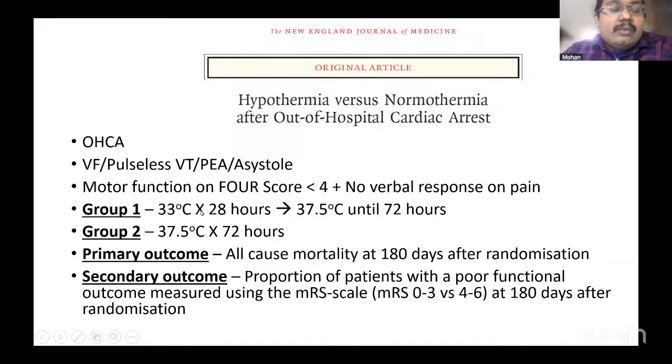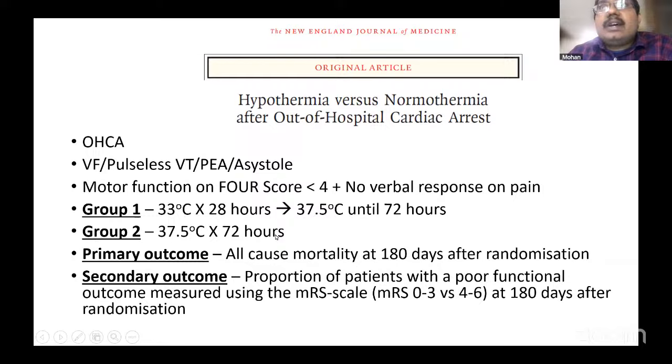In group 1, hypothermia was maintained for 28 hours and then rewarmed, and a temperature of 37.5 degrees centigrade was maintained until 72 hours. In group 2, no intervention was made, and the group was observed to be maintaining temperature below 37.5 degrees centigrade for 72 hours.